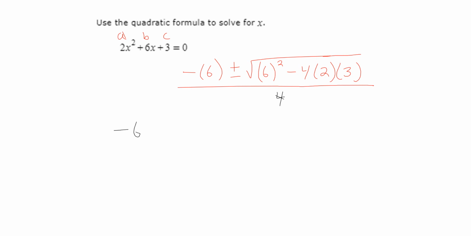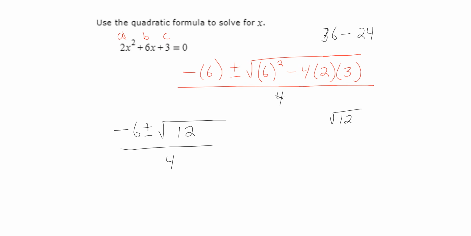So 36 minus 24, yeah, it gives you 12, all over 4. So I'm going to break down that square root of 12. Square root of 12, the biggest perfect square that goes into 12 is 4. All right, so we can write this as negative 6 plus or minus 2 radical 3 over 4.